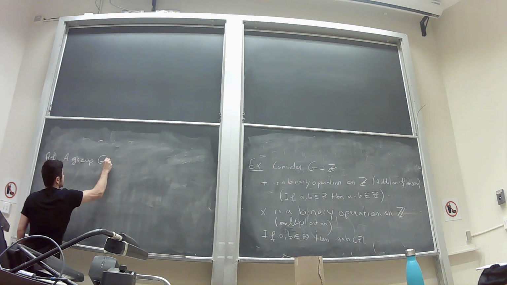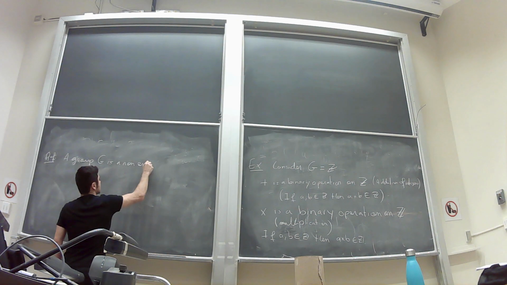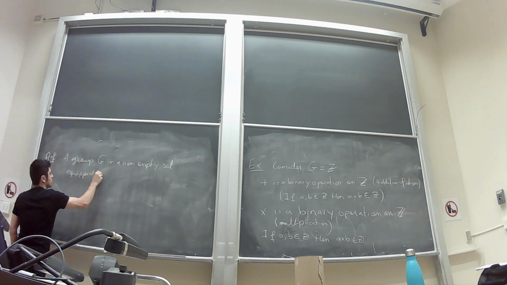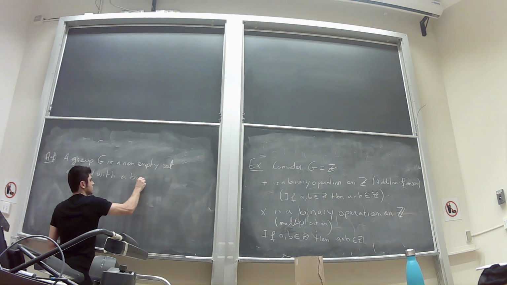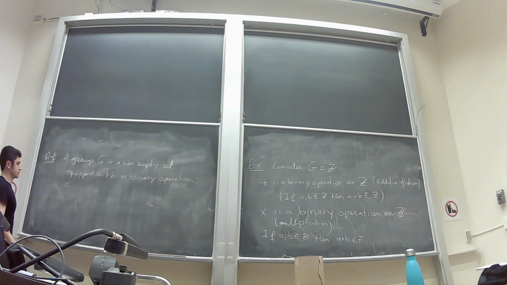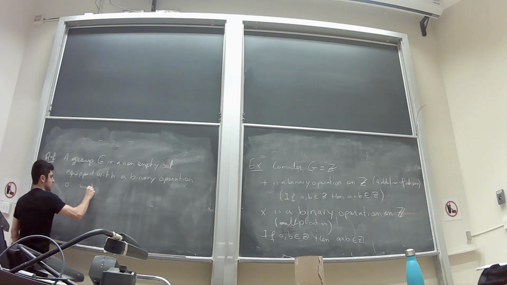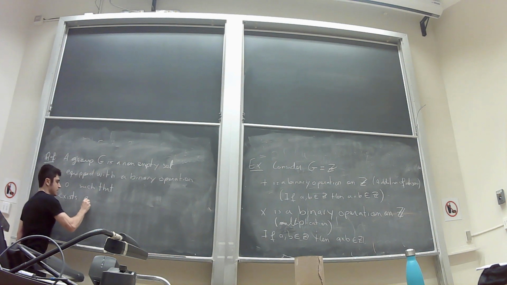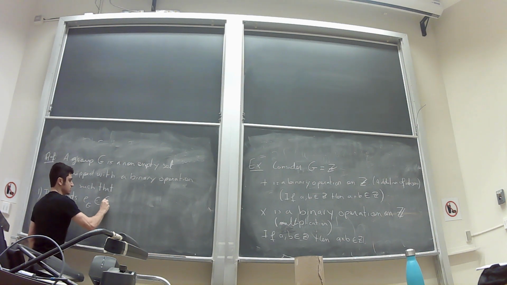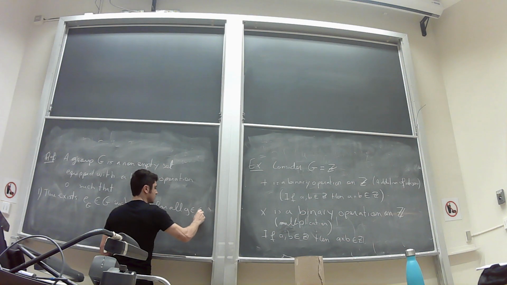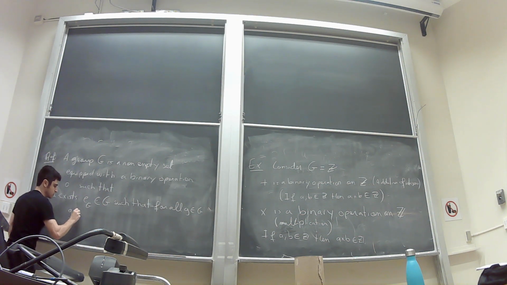A group G is a non-empty set equipped with a binary operation, let's call it circle, such that there exists an element, I'll call it E sub G in G, such that for all G in G, we have G circle EG.